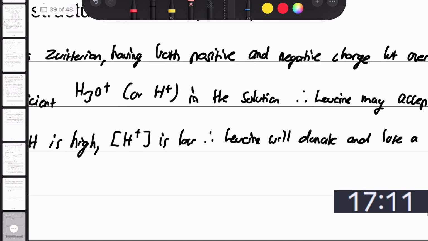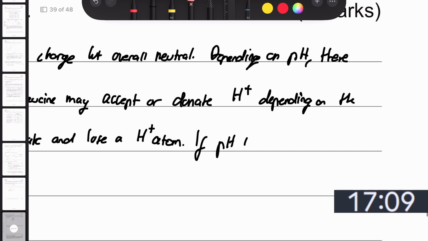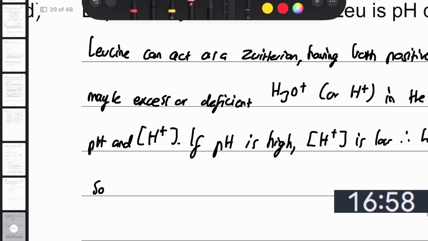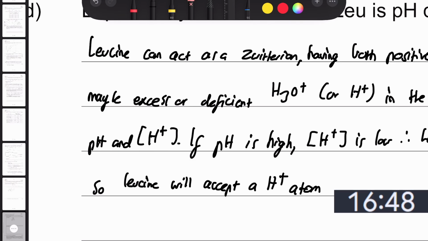If pH is low and H plus is high, so leucine will accept a H plus atom.